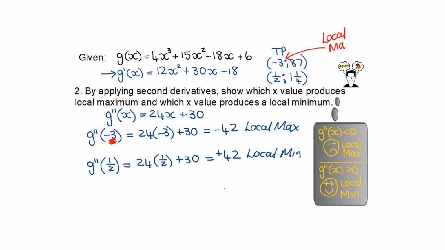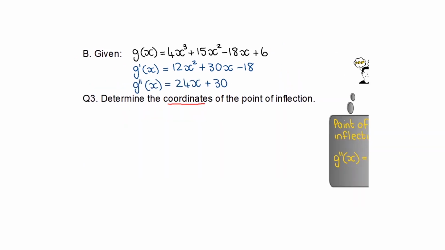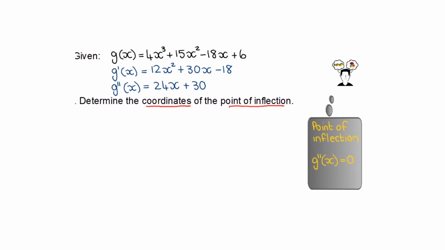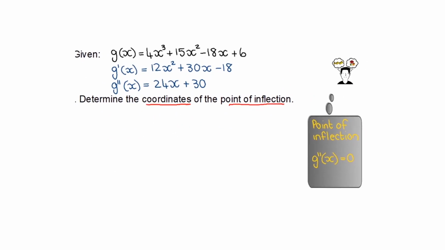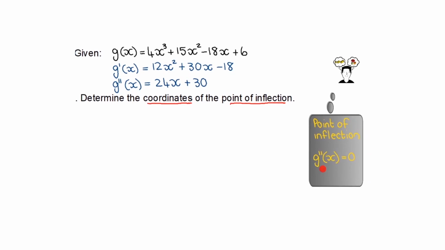In the next question they say, determine the coordinates of the point of inflection. So do you still remember what we should know about the point of inflection? The point of inflection is where the second derivative is equal to 0. And we already used the second derivative, so I can actually just use it.